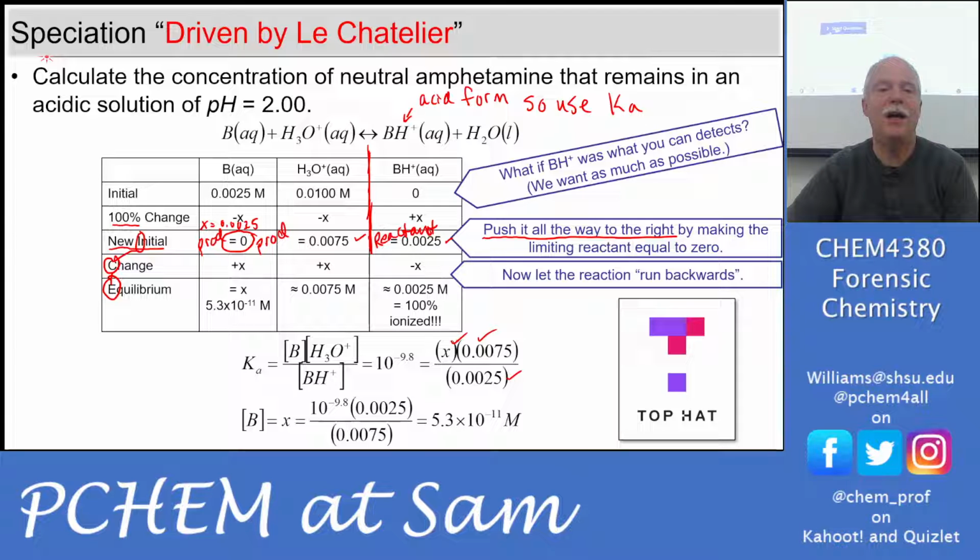So now let's think about ionized. We're looking at the ionized species, the thing that's charged. A weak base is ionized at blank pH, low or high.